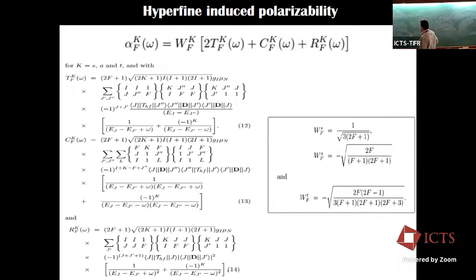Okay, so when you try to find the Stark shift, the differential polarizability between these two states, the contributions from the atomic part will cancel out, because they are coming from the same 6s level, but you will have contributions from the first order perturbed wave functions due to the hyperfine interaction. If you want to calculate the polarizability contributions due to this part, that is what we call the hyperfine induced polarizability.